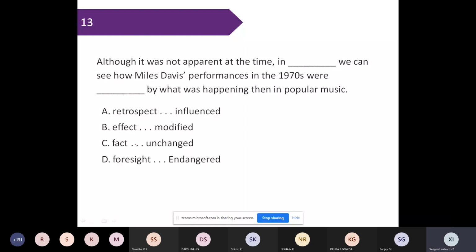So here the clue is 1970s. That's the clue. What is the answer?